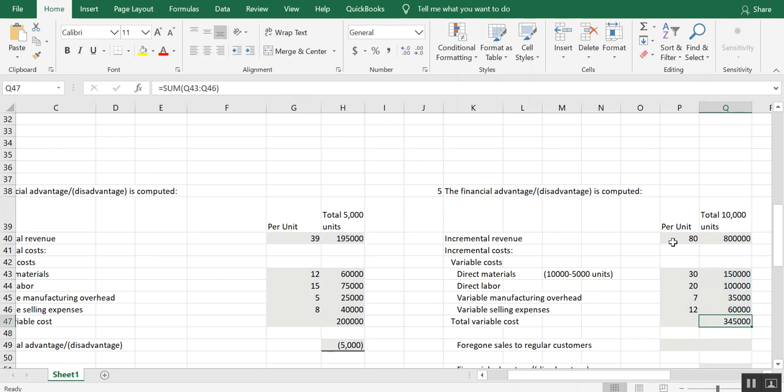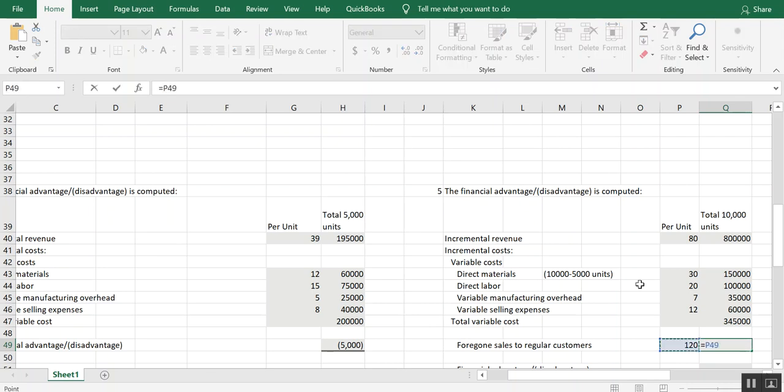Since we're giving up 5,000 units, we will not take on additional costs for those. We're giving up the 5,000 units we've already manufactured, but we're not selling them to the regular customers, we're selling them to this customer. Now we have to think about, okay, what kind of sales are we giving up? We are normally going to sell these at $120 each.